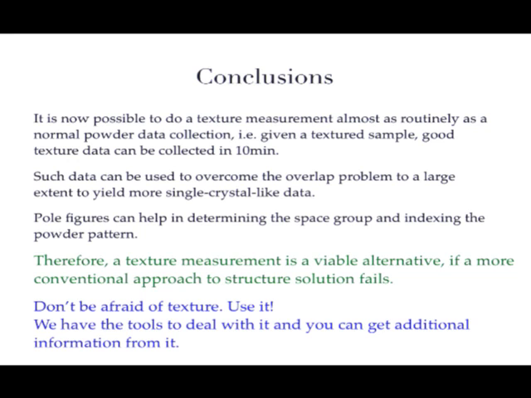I have a question about the footprint issue. About the footprint issue, at least in the reflection geometry, is it not really the gauge volume, because you should take into account the diffracting volume, not really a footprint?